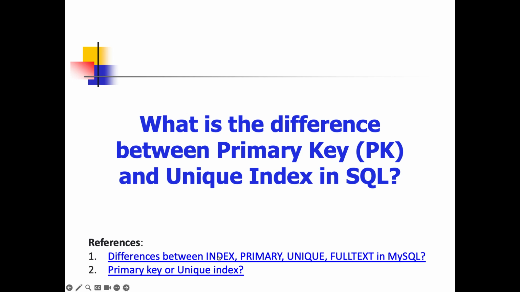Now, I want you to think about it. What is the difference between the primary key and unique index in SQL? Yeah. I think primary key is in the same table, but index is in another table.